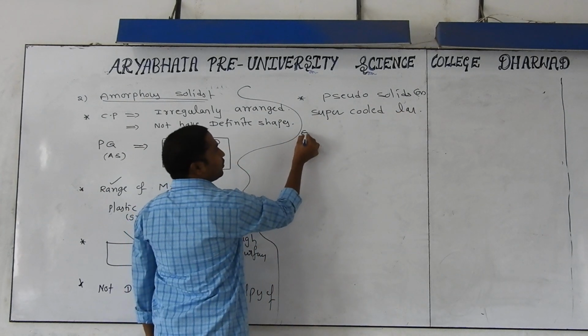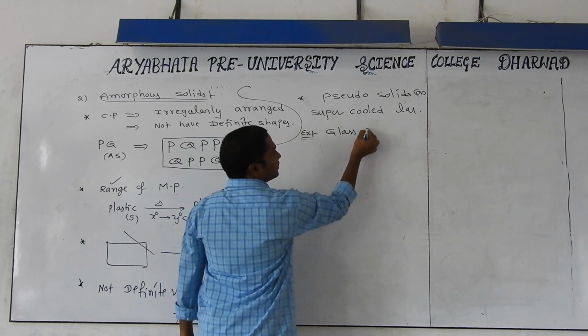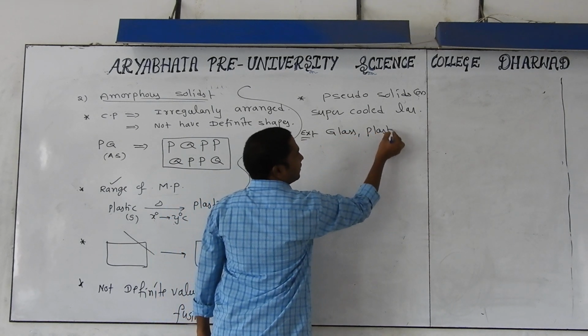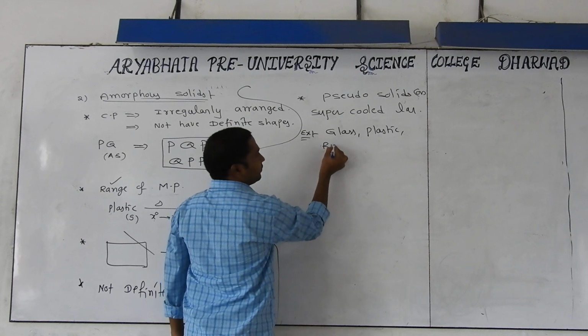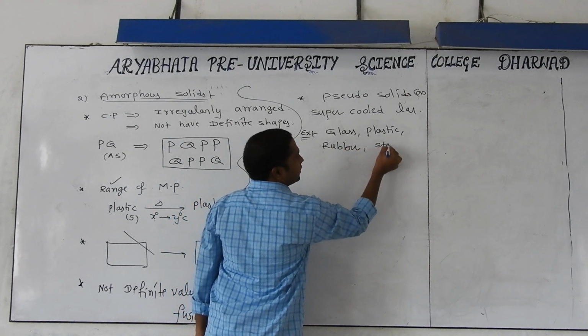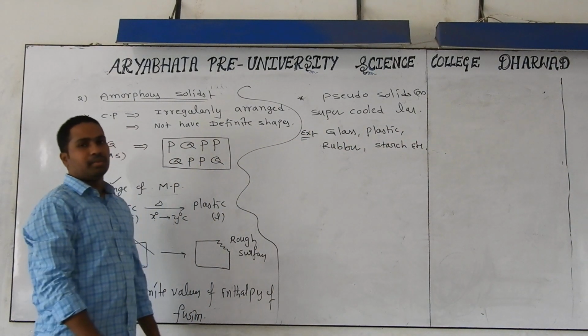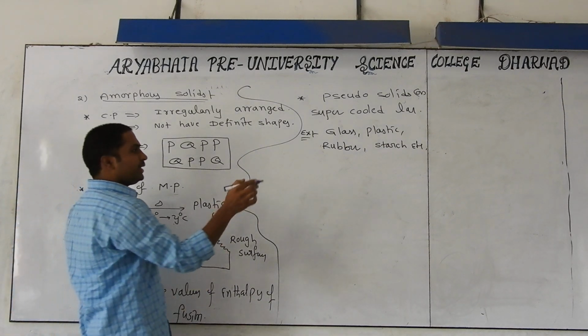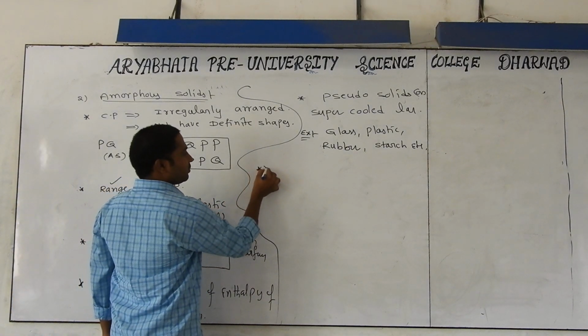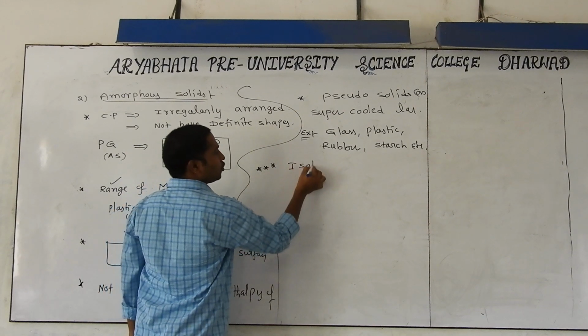What are examples of this? The best examples are glass, plastic, rubber, as well as starch, and so on. These all come under amorphous solids. Here the important character is that these amorphous solids have the isotropy property.